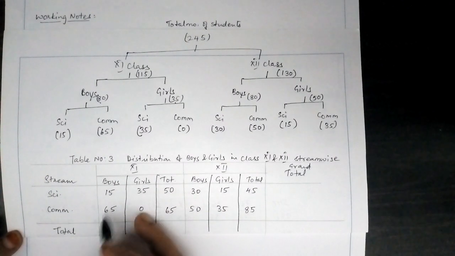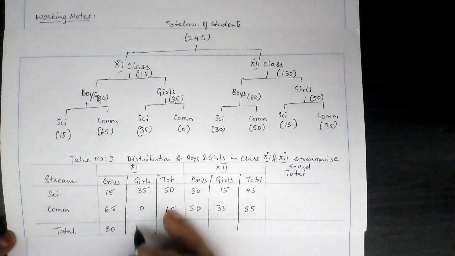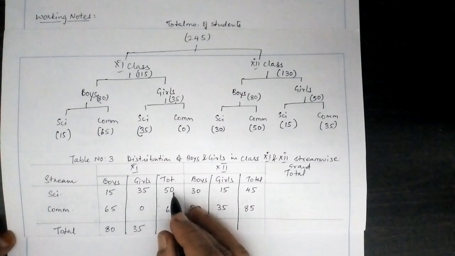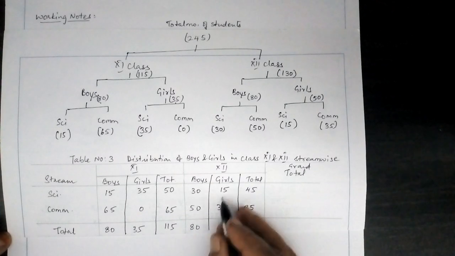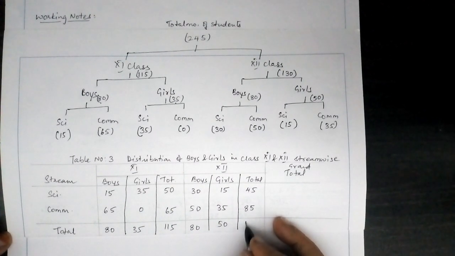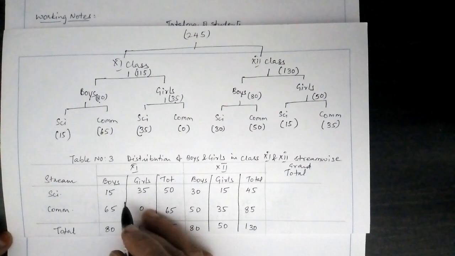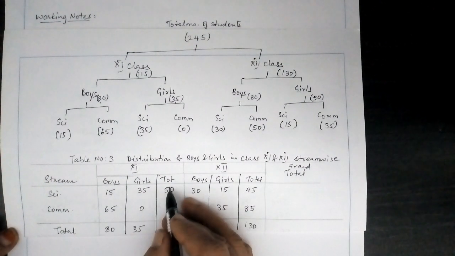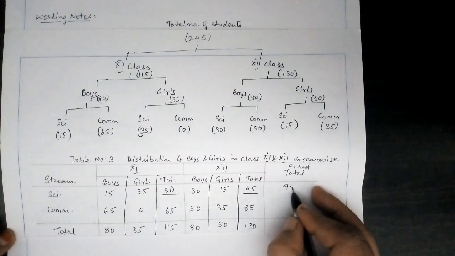Now the totals, grand totals. 15 plus 65 is 80, 35 plus 0, 35. Here we get 115, and this is 80, this is 50, and this is 130. Okay, so here we will have the total of boys in 11th and 12th, which gives us 95.